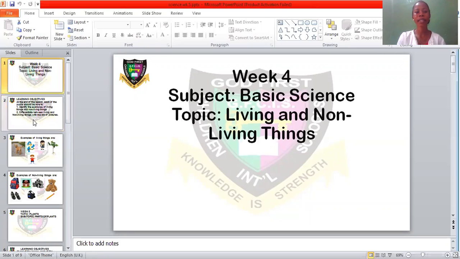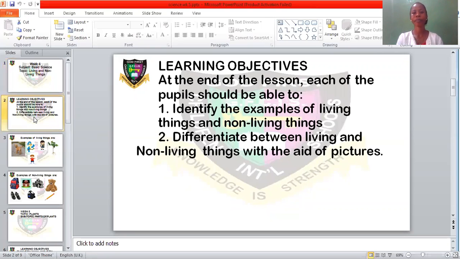Now let's look at the learning objectives. At the end of the lesson, each of the pupils should be able to, one, identify the examples of living things and non-living things.